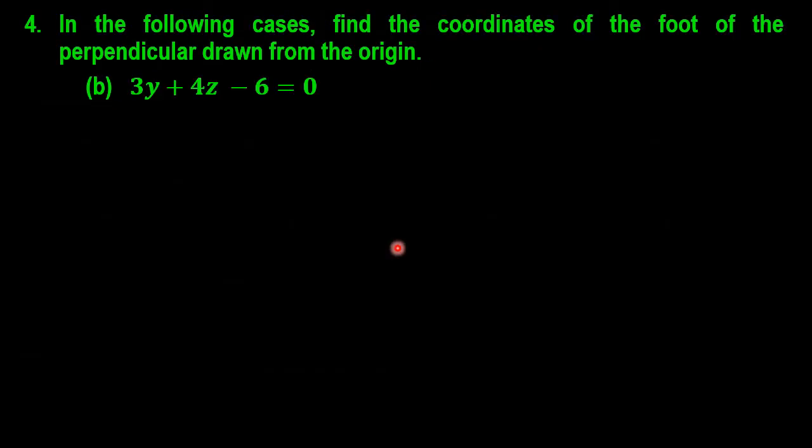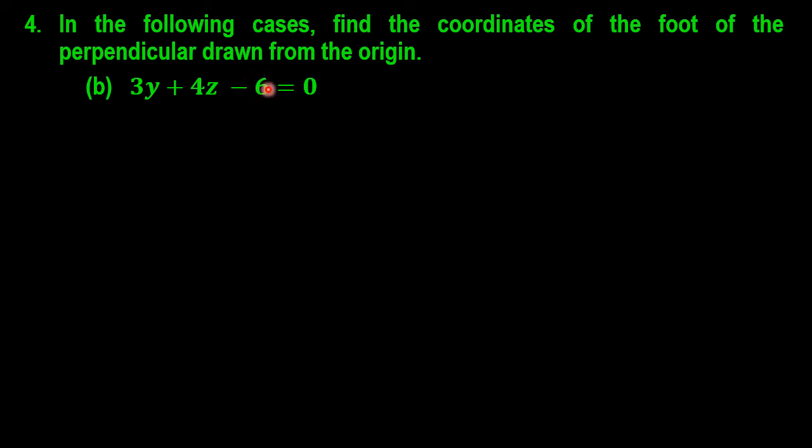Now let me solve question number 4. And the question is in the following cases, find the coordinates of the foot of the perpendicular drawn from the origin. And in question number 4, the Cartesian form of the equation of the plane is given. So the first thing that we have to do here is rewrite this equation of the plane in the standard form, that is ax plus by plus cz equals d.